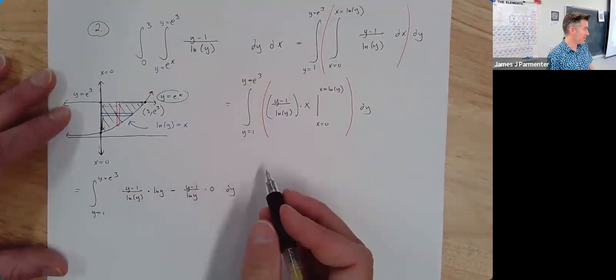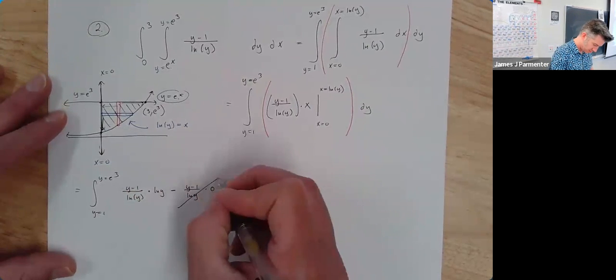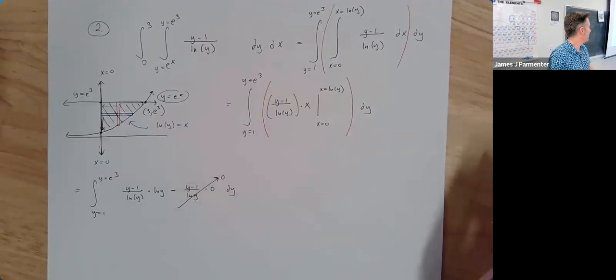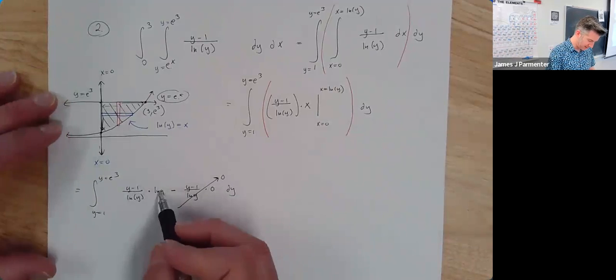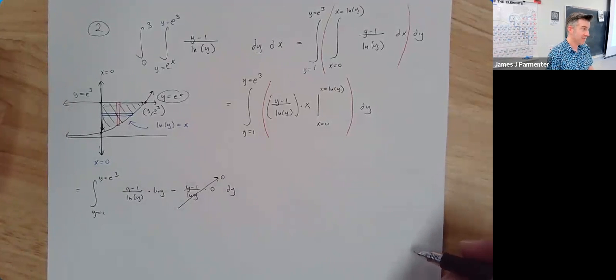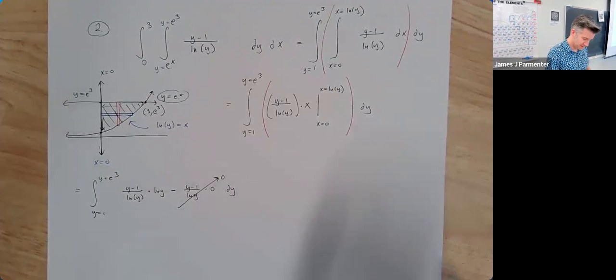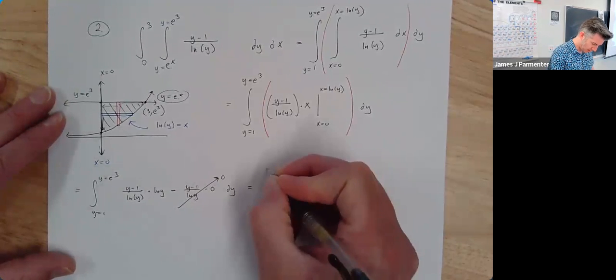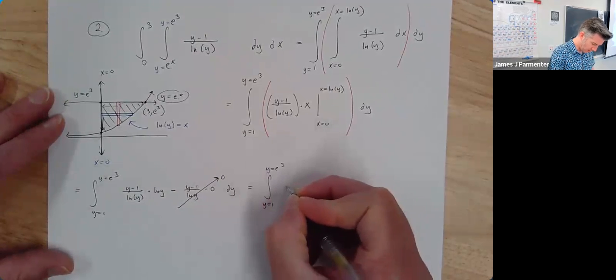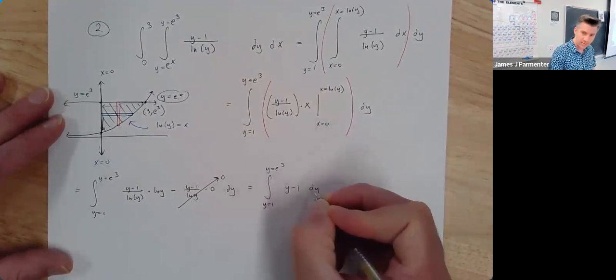Well, anything times 0 is just 0. And then y minus 1 over natural log of y times natural log of y, the natural log of y cancels. You're just getting the integral from y equals 1 to y equals e cubed of y minus 1 dy.